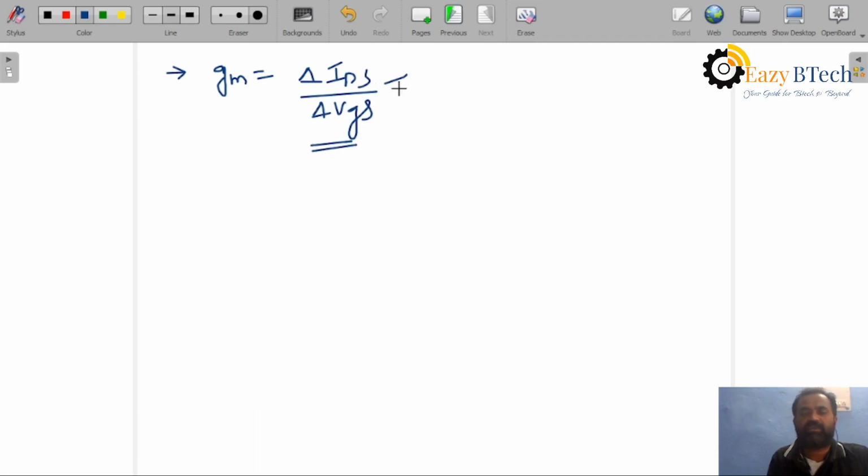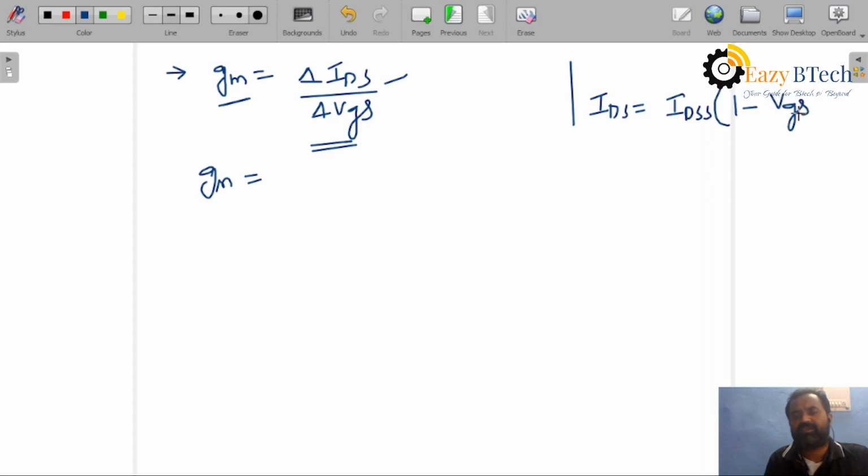Now we write GM is equal to IDS, and we know the drain current equation: IDS is equal to IDSS into 1 minus VGS by VP, whole square.